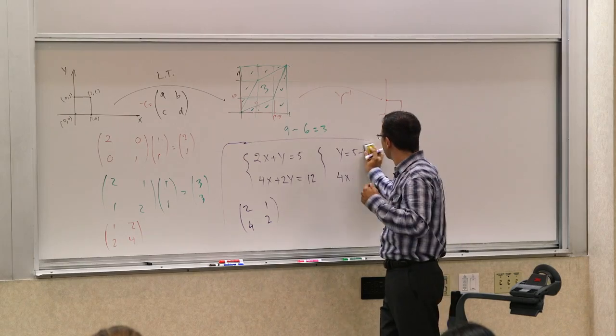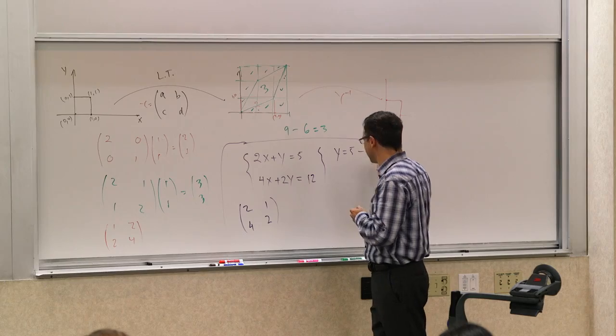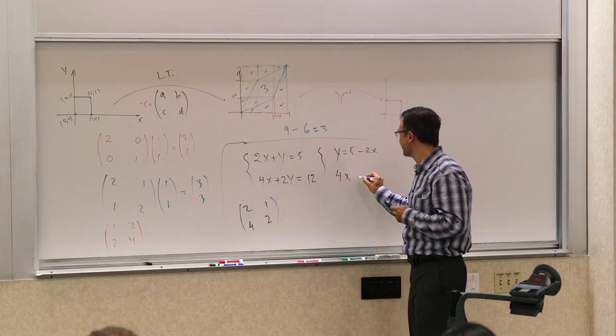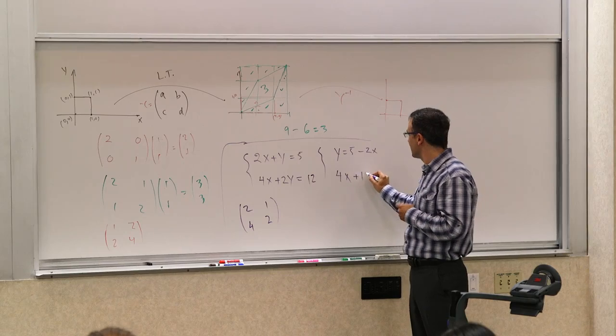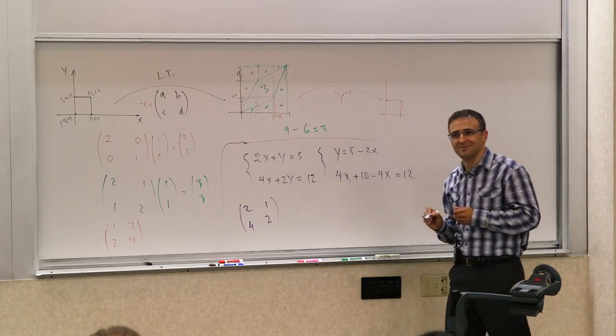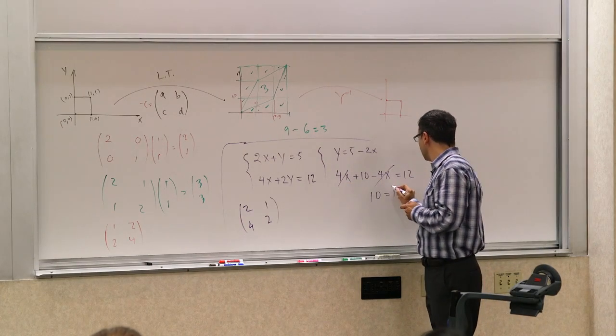Okay, let's do this. Y is 5 minus 2x. So 4x plus 10 minus 4x equals 12. Right? And the 4x cancels and I get 10 equals 12.